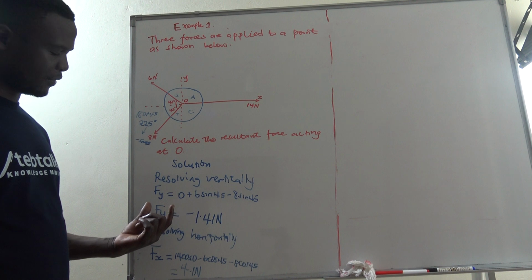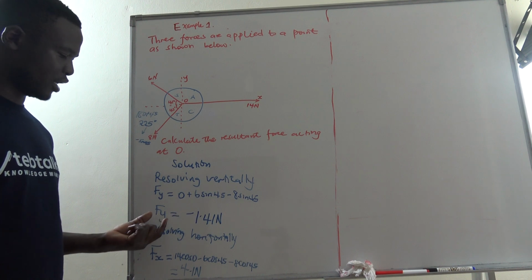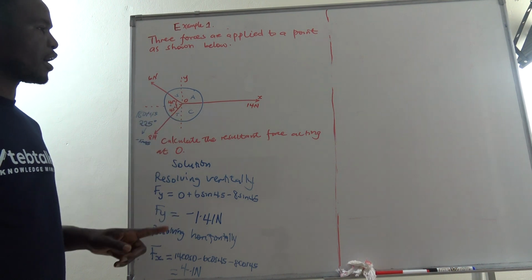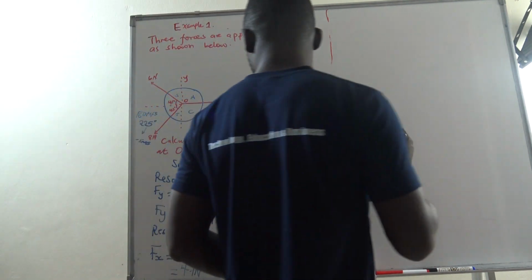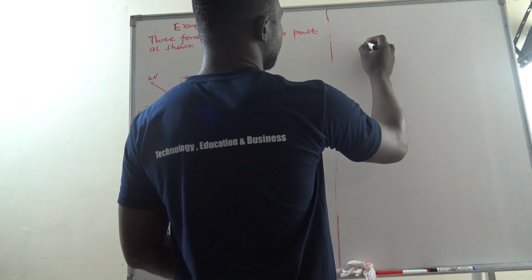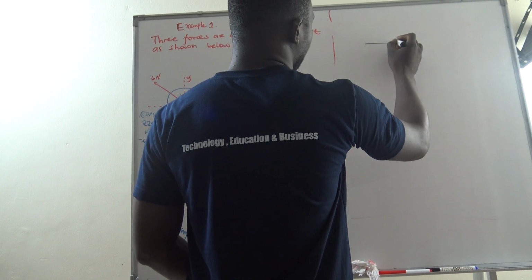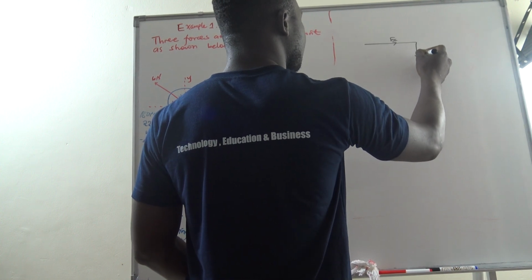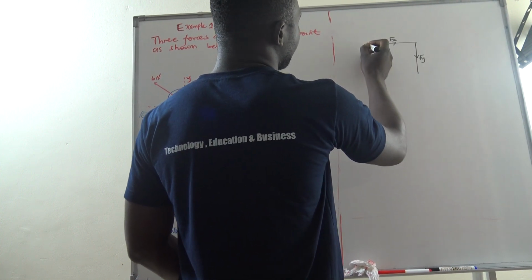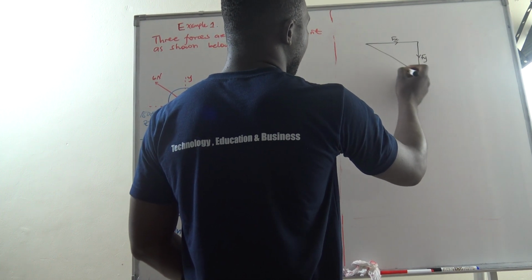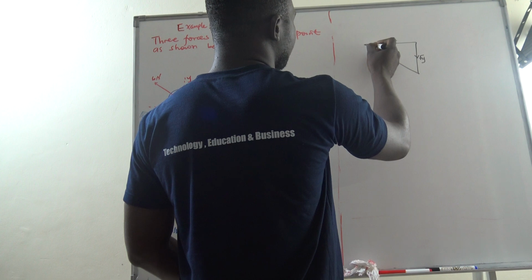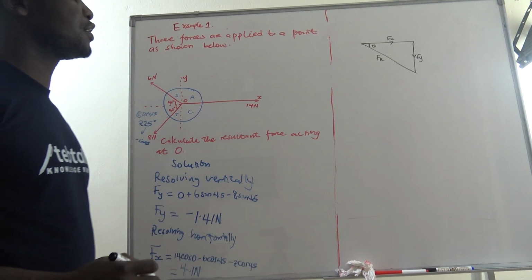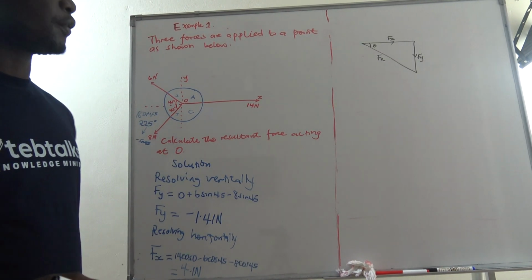When the force in the y direction is negative, it means the resultant force in the vertical direction was acting downwards, and when this is positive, it means it is in the direction of the positive x-axis, then this one is pointing in the direction of the negative y-axis. So this is our angle, and this can be FR, where FR is our resultant force that they wanted in the question.